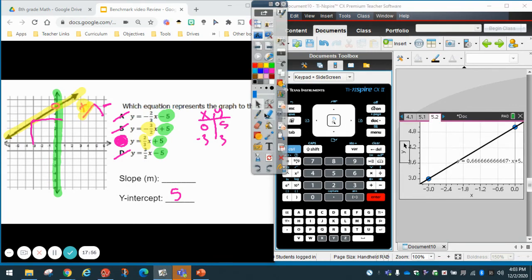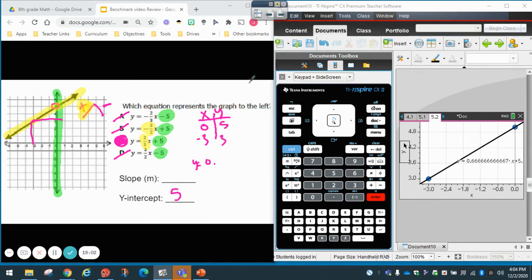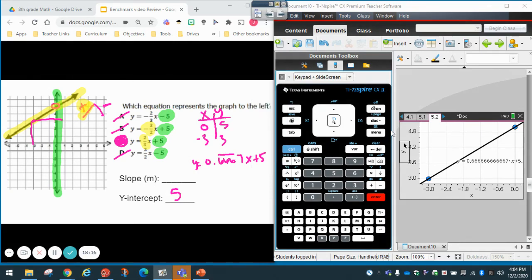As you can see here, we have y equals 0 point, and we have so many sixes, 6, 6, 6. I'm going to put a line there because that means it repeats, then 7x plus 5. Now you notice that my answer is in a fraction, so I'm going to convert this decimal into a fraction.